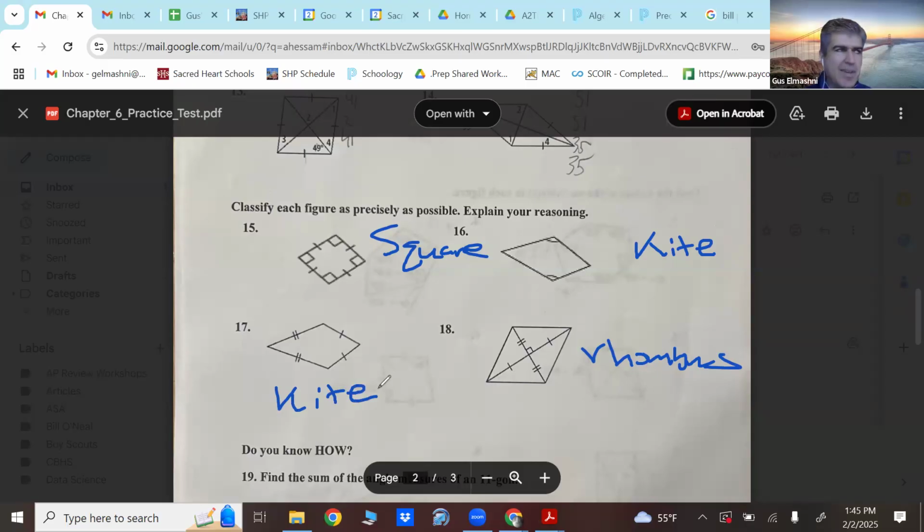Opposite angles are the same. Actually, is that a kite? Maybe not. Hold on. I don't know. I do not have the answer key.